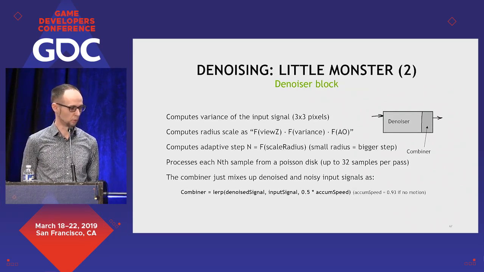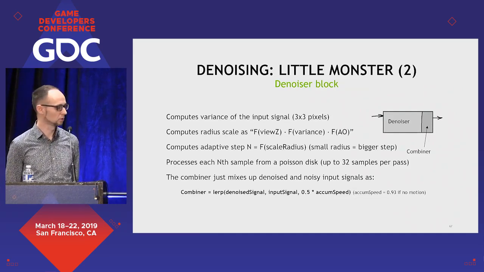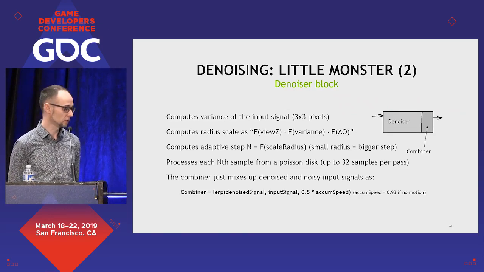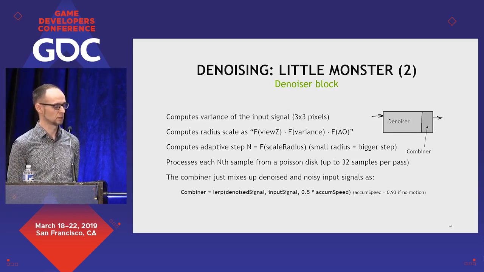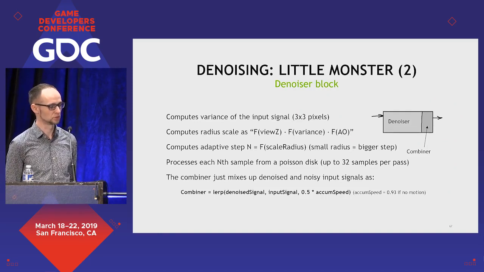A single denoiser block computes variance of the input signal. It computes radial scale in the 0-1 range. Then it computes adaptive step as a function of radial scale. And in the loop, it processes each nth sample, taking up to 32 samples, but not less than 4.